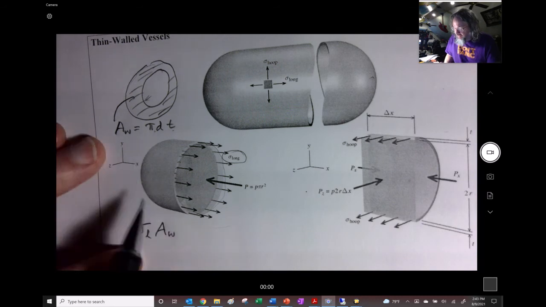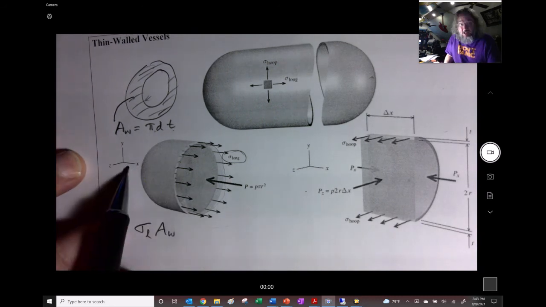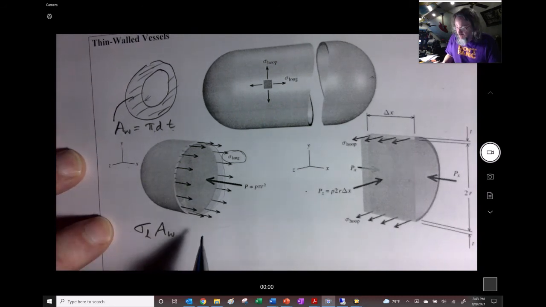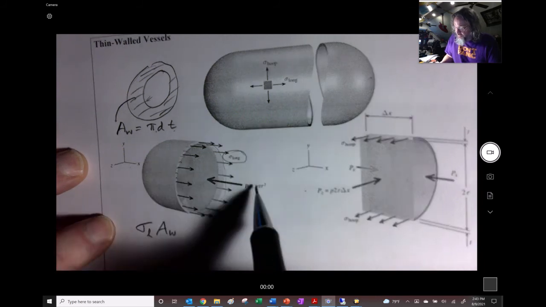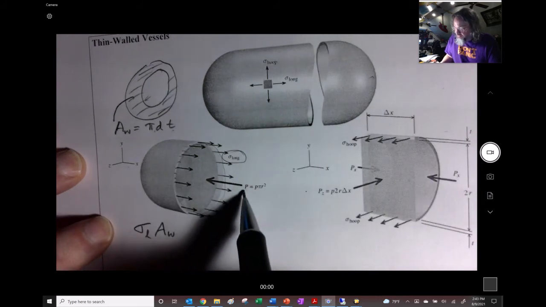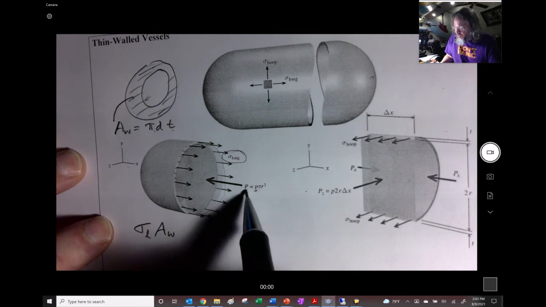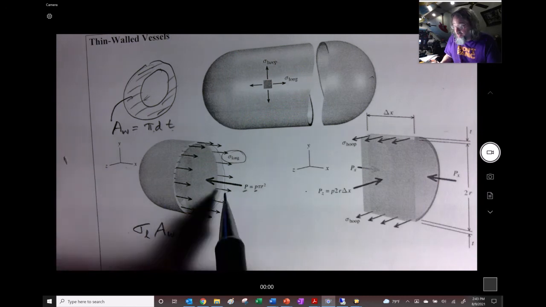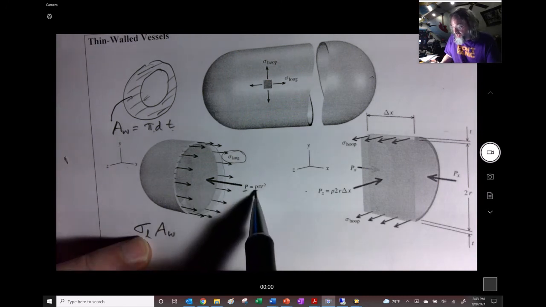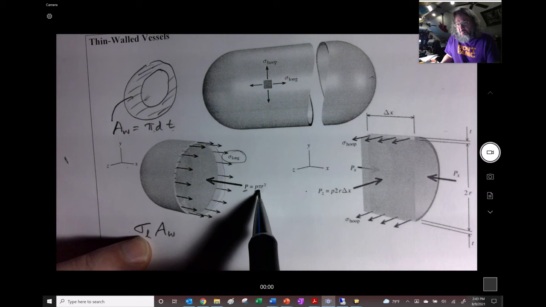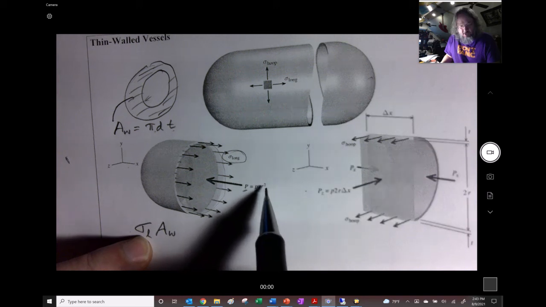It's an approximation, right? Well, if you were going to do an FBD of this, and if that's the positive x direction, the longitudinal is aligned with the x direction according to this. In the negative direction, it would be the pressure, they called it capital P, the total force due to this pressure on the end cap would be that pressure times pi r squared. Right?